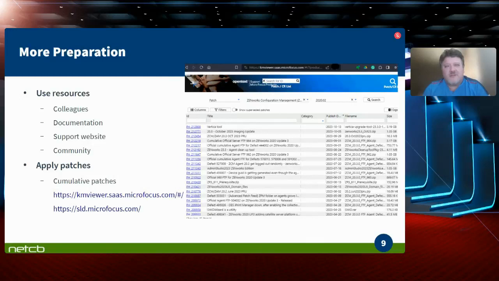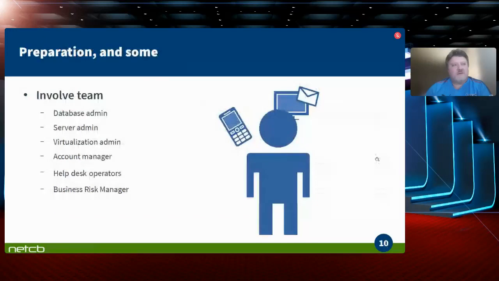And then something that's not visible here, for ZENworks 2020 Update 2, you had to load at least patch 956 and 1016, if I remember correctly. But those two are the minimum required if you want to upgrade to ZENworks 23 Update 3. All right, you find all of this in the patches, and you find that in the community and so forth.